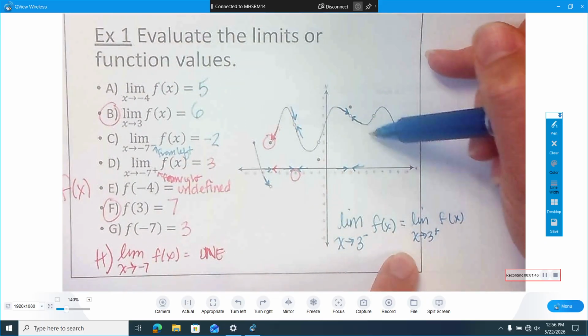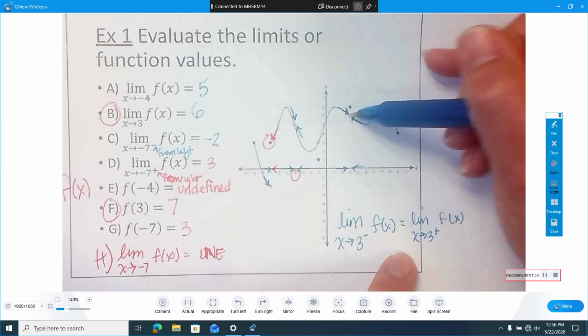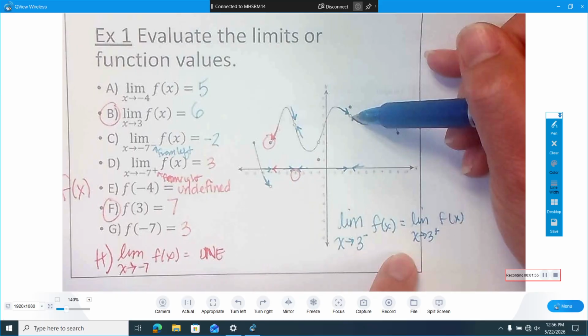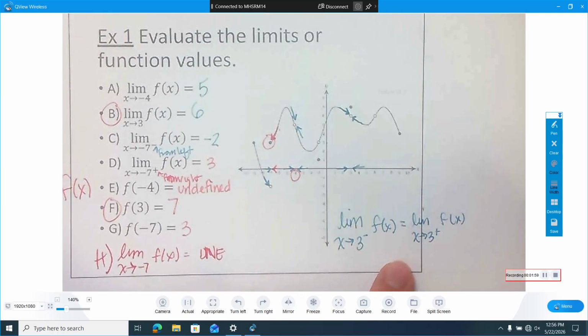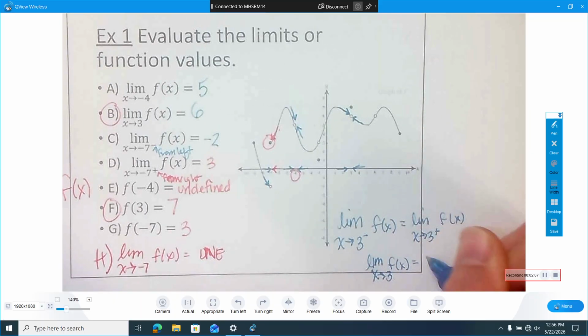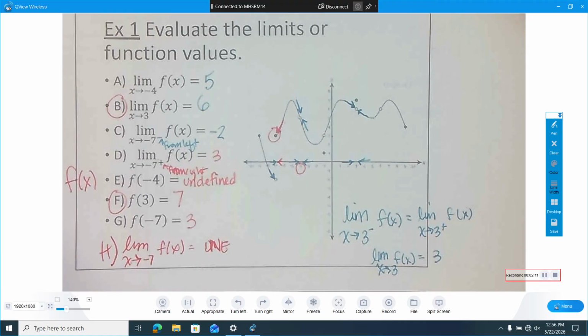And if they equal, so this one, as we came from the left, it approached 6, and as we come in on the right side of 3, again, we're approaching that same open circle at 6 there. If they equal each other, then we can say that the limit as x approaches 3 of the function does equal 6. They both have to match. They both have to be equal.